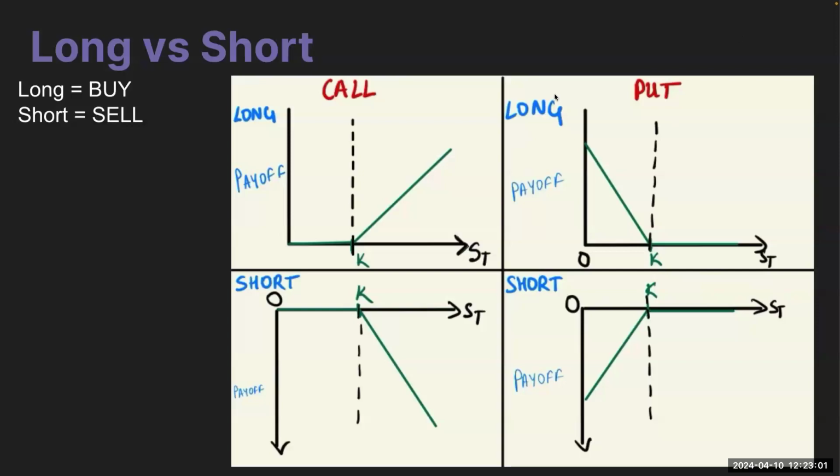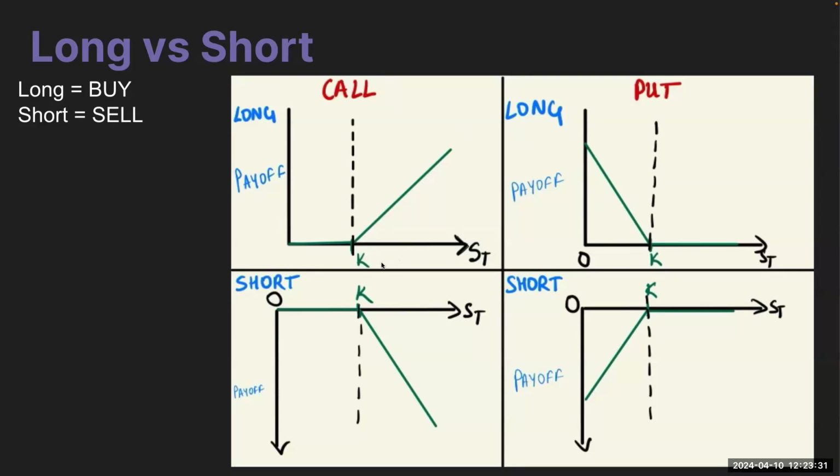The first one, you are going long on a call option, which is when you buy a call option. Your payoff would be 0 until the strike price, and then as the stock price increases more and more until your expiration time, your payoff increases. This comes from the formula that we saw in the previous slide, ST minus K.